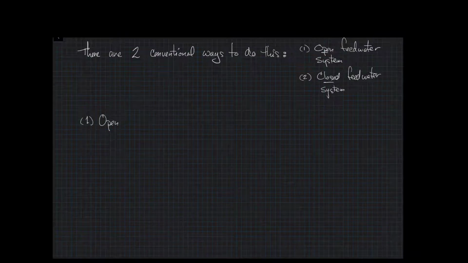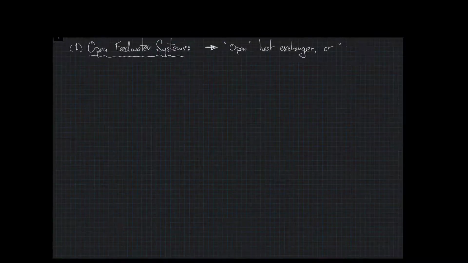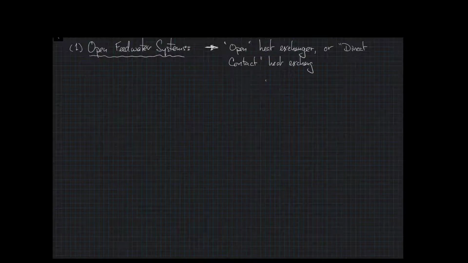So open refers to the type of heat exchanger that we have. It's called an open heat exchanger, also called a direct contact heat exchanger, meaning that both streams come into direct contact with one another. This is different from the type of heat exchangers we've talked about before.